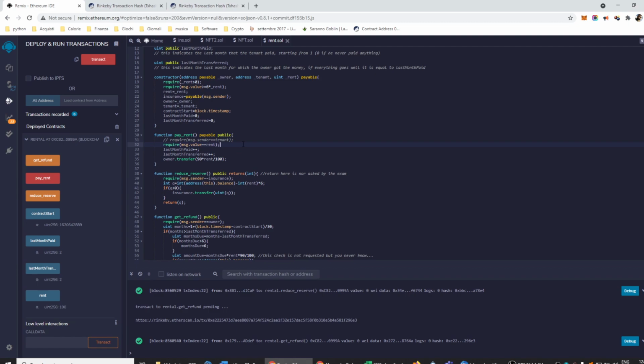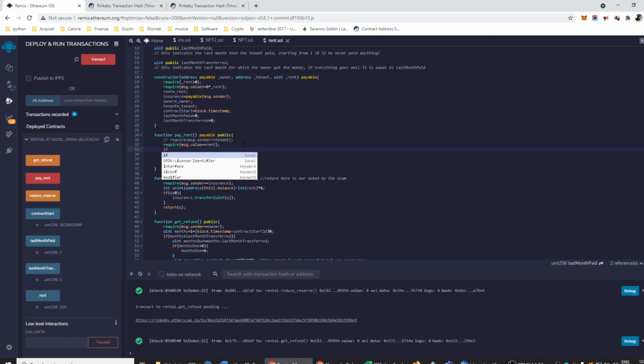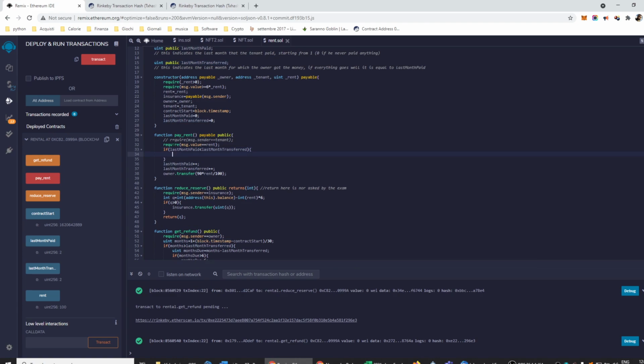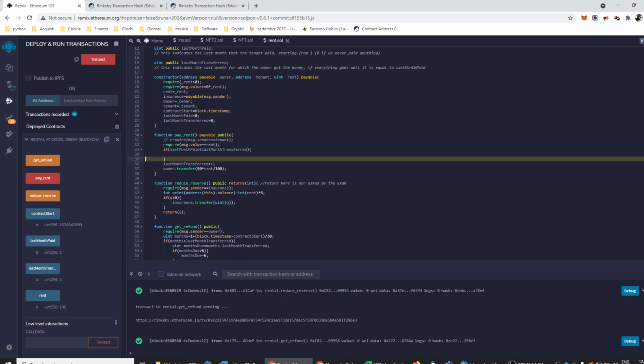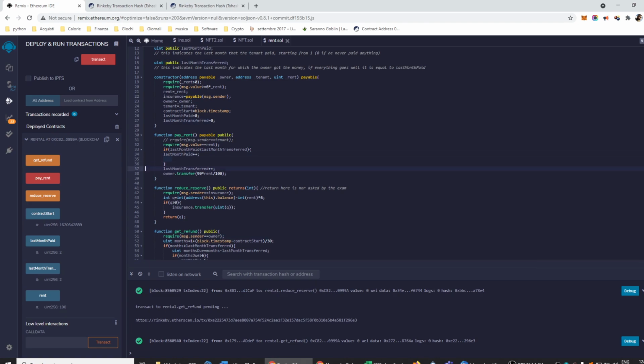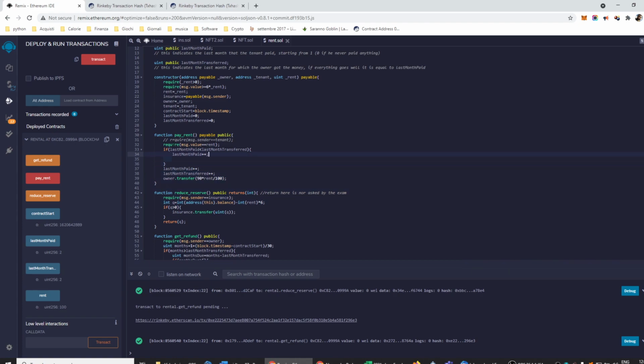Okay. So, if they are not perfectly aligned, it means that this is a payment which was due, but it's in delay. So okay, that's it.